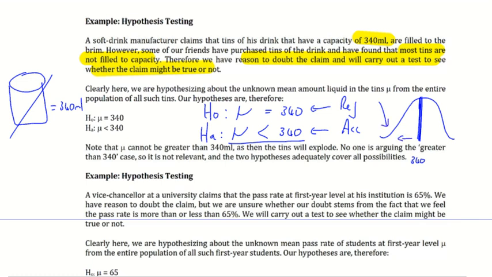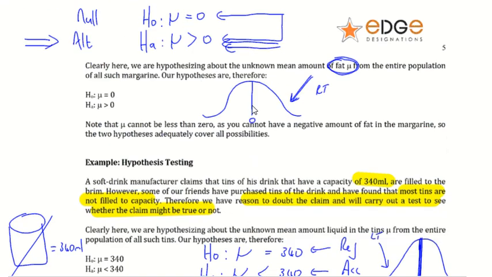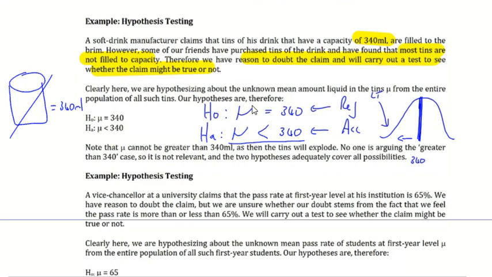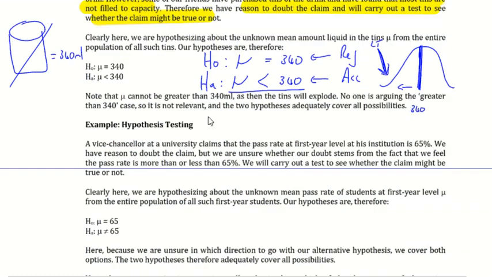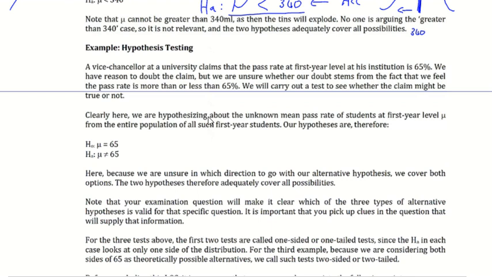Again, I'm only working in one tail. Does that make sense? Which tail is it? It's the left tail. So both of my first two tests were one-tail tests. The very first one, the fat case, was in the right tail. The second example, the cold drinks, is in the left tail. Everyone comfortable? And let's just do the last one now that we are here.